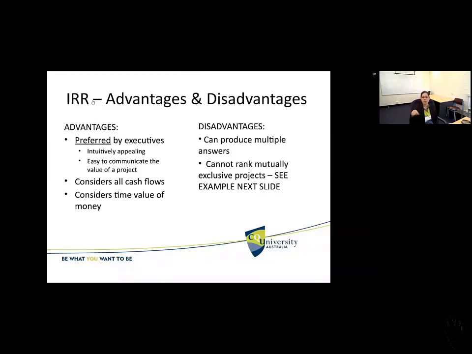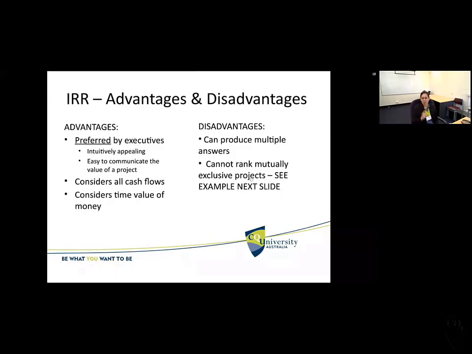Every time it crosses, that's an answer for internal rate of return. So it can produce multiple answers. Okay, so one of the disadvantages is it can cross that axis more than once, so it can produce multiple answers. And it can't rank mutually exclusive projects.